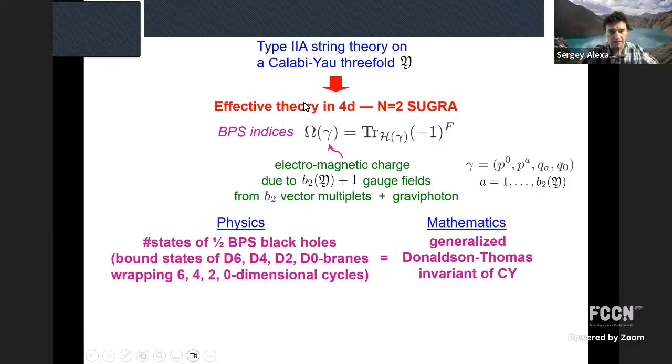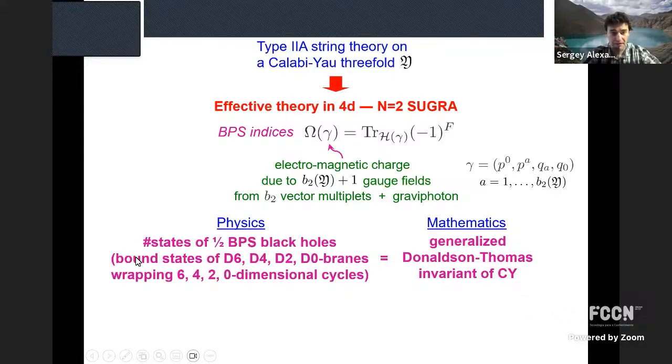And these BPS indices have both physical and mathematical incarnations. Namely, from the physics point of view, as I already mentioned, they count the states of half-BPS black holes appearing as solutions of N=2 supergravity.